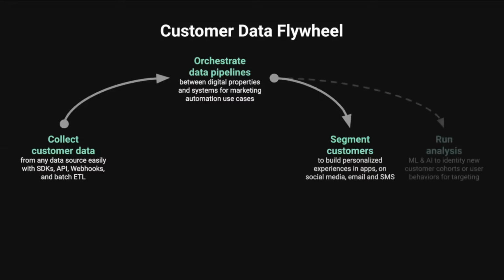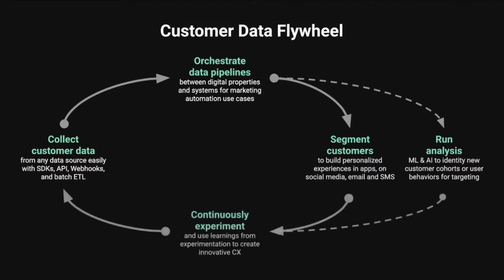And also at the same time, you have some analytics running to really understand new user behaviors that you may not have noticed before. So you try to start using AI and ML to really look at your customer base that's engaging with your brand and be able to identify what those different behaviors are and how they could help you innovate and continuously experiment in building new experiences.